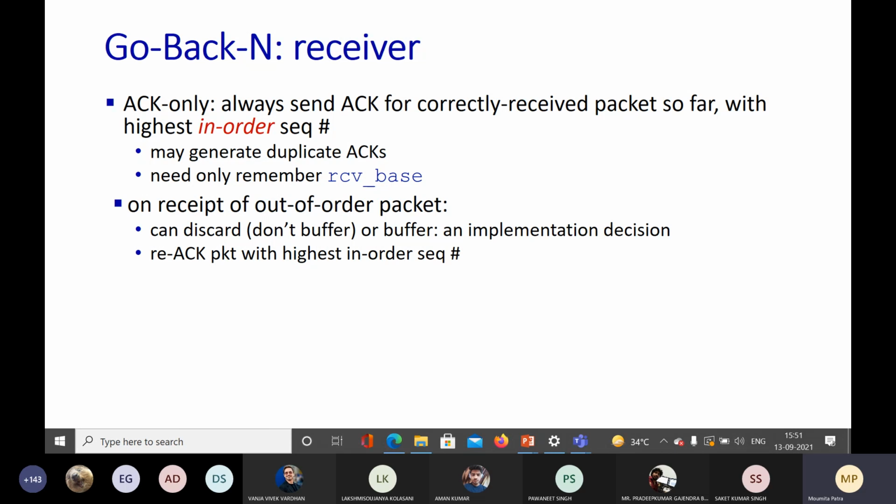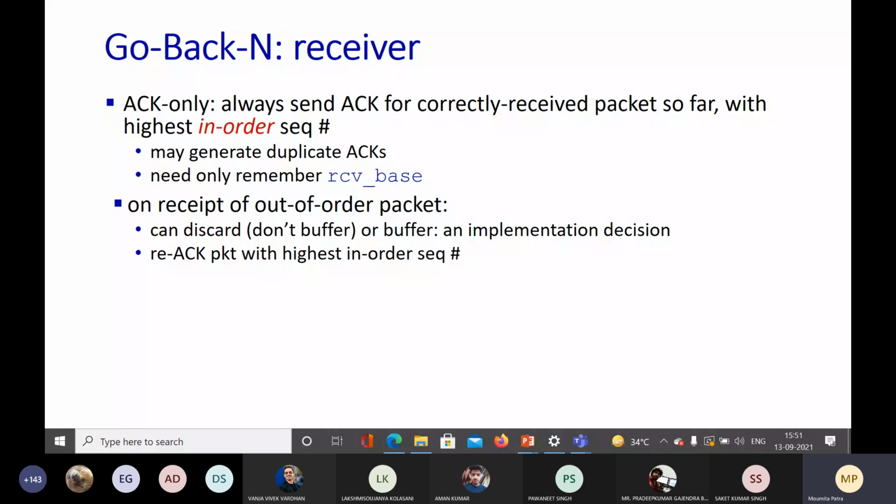Here also we only have acknowledgements from the side of the receiver. Whenever a receiver receives a correct packet, it will send an acknowledgement. But what it will give in the acknowledgement is the highest in-order sequence number.